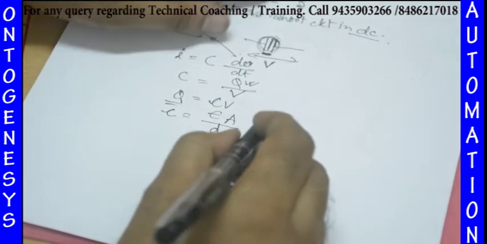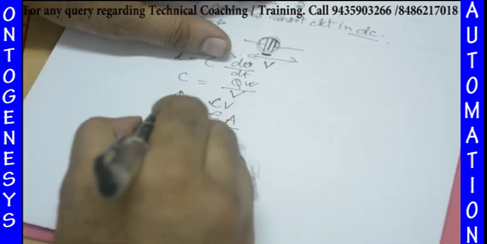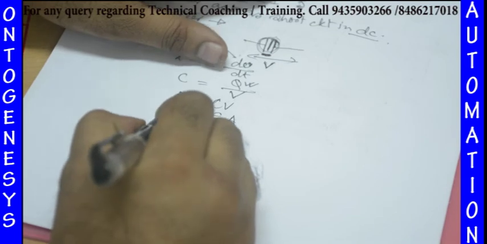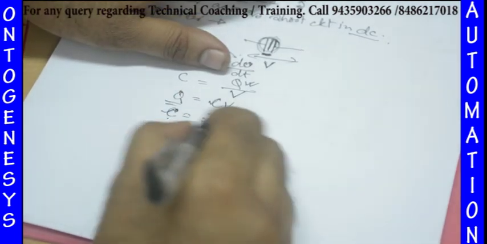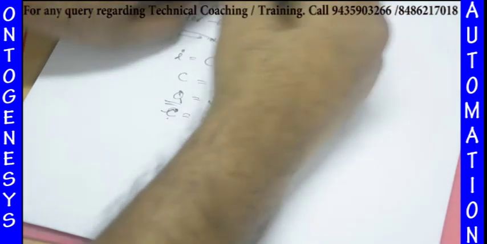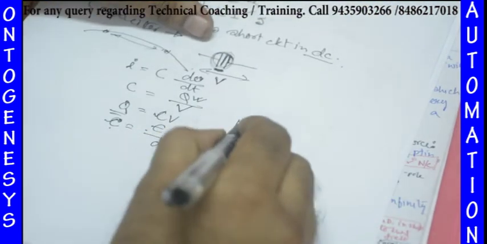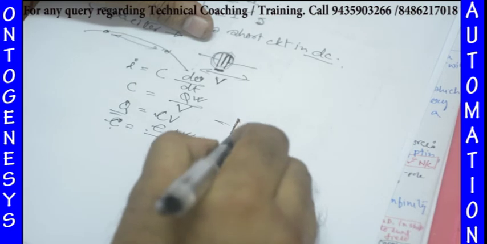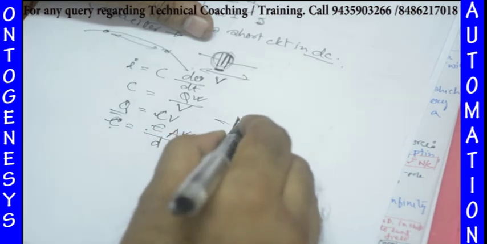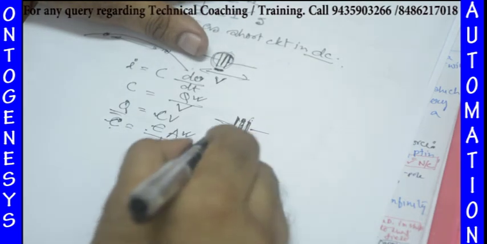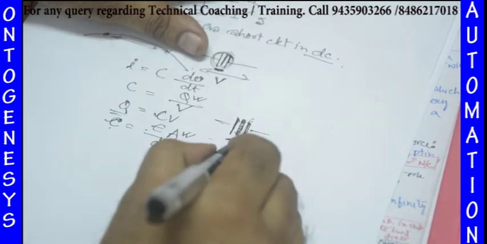So see here, the capacitance of a capacitor depends on the area of the plate, the nature of the dielectric medium, whatever we put between the two plates, and the gap between the plates, the separation.